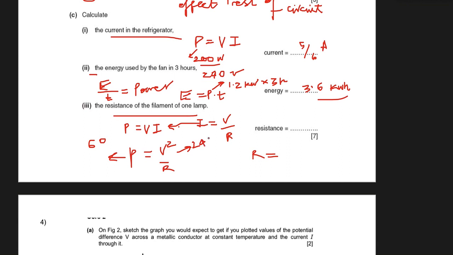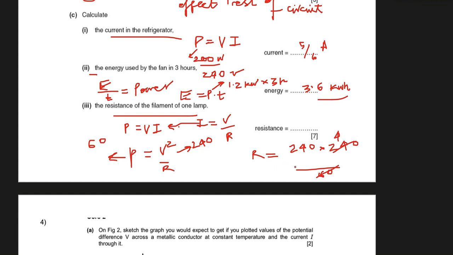So R is equal to 240 square divided by 60. How are you gonna solve this? 60 into 4 is 240.